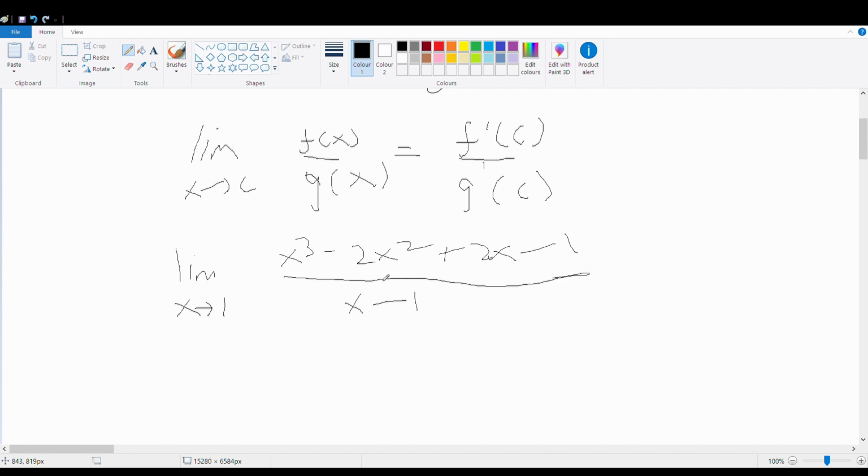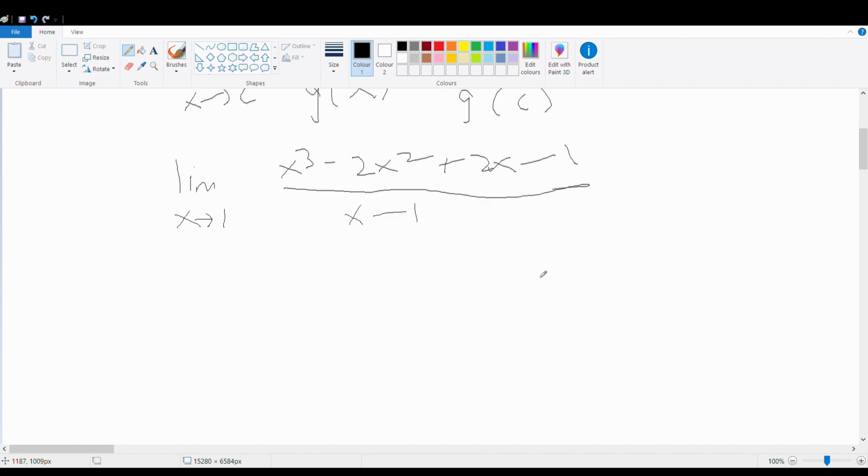If you notice closely, 1 is actually a root of the numerator: 1 minus 2 plus 2 minus 1. So x minus 1 is a factor of this polynomial. You could take x minus 1 out and cancel it from both numerator and denominator, then do long division to find the other polynomial, and then evaluate that. It's a really long process if you don't know L'Hopital's rule.